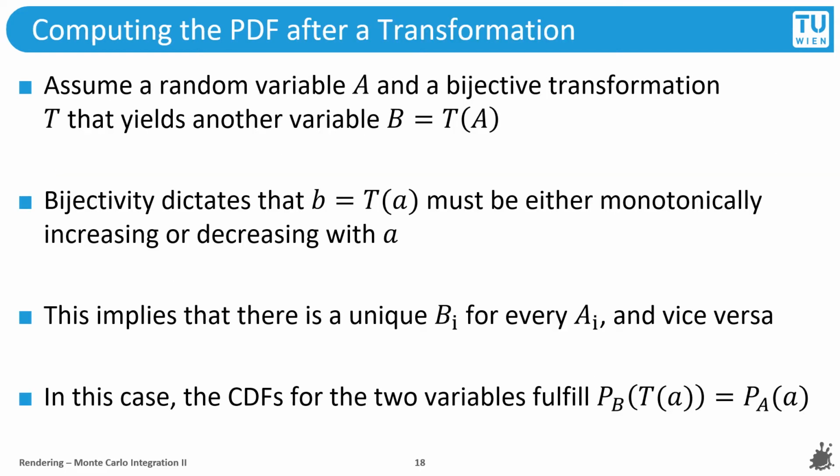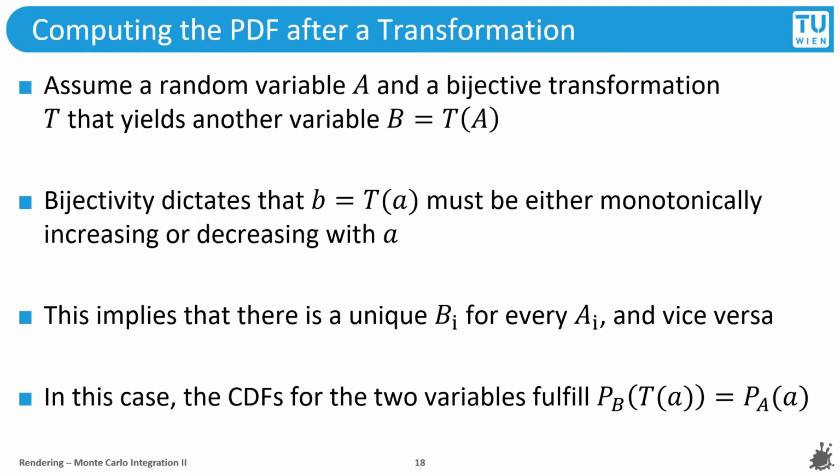Assume that we have a random variable capital A and a bijective transformation T, whose input is the variable capital A and whose output is another random variable capital B. The conversion from polar to Cartesian coordinates is such a bijective transformation. If the transformation is bijective, this implies that the output of T must be either monotonically increasing or decreasing.